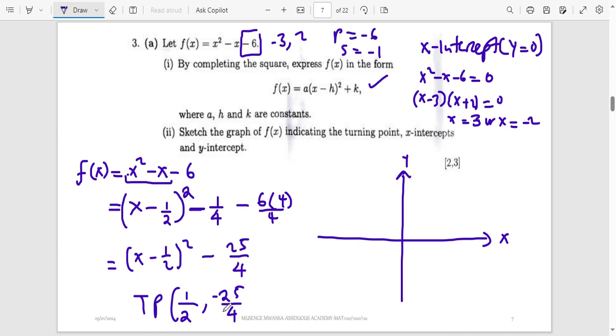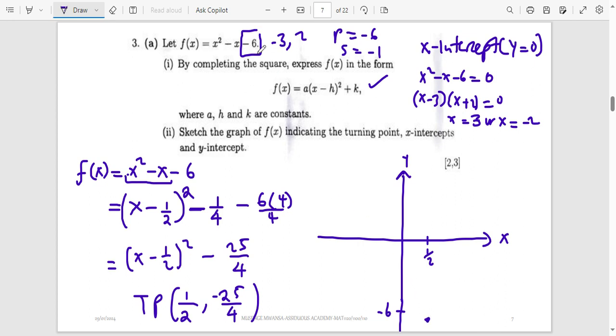So this is basically 6 and a quarter. So this coordinate is 1 over 2. Say 1 over 2 is here. And then negative 6 and a quarter. Let's say negative 6 is here. So negative 6 and a quarter will be slightly just below. So the coordinate will be somewhere here. That will be the turning point.